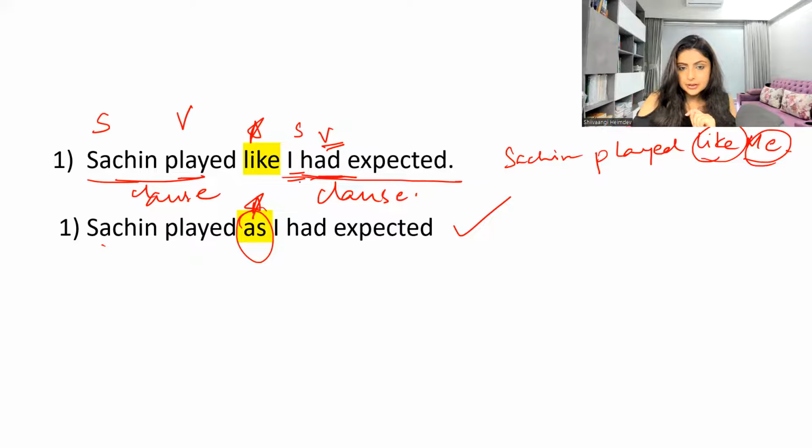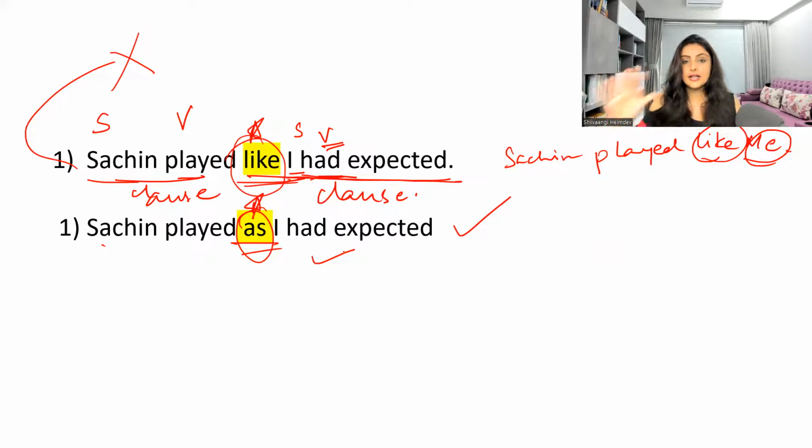You still have something more to say in the sentence wherein you are making use of a verb. So this becomes an entire clause. So when two clauses are being joined, friends, you will not make use of like. This is absolutely incorrect. But you will make use of as. I hope this is clear.